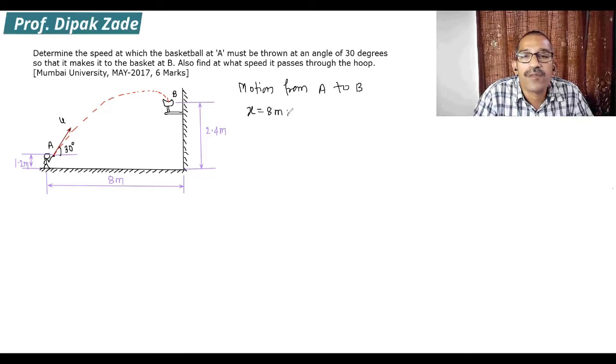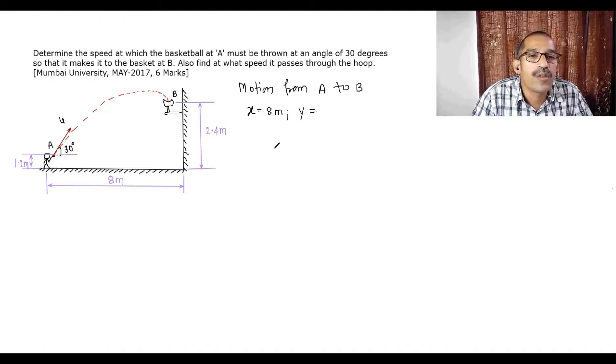Now, the y distance is always the vertical difference between final position and initial position. The basket at B is at 2.4 meter from ground, and the ball is thrown from a height of 1.2 meter from ground. That means your y value comes out to be 2.4 minus 1.2 meter.